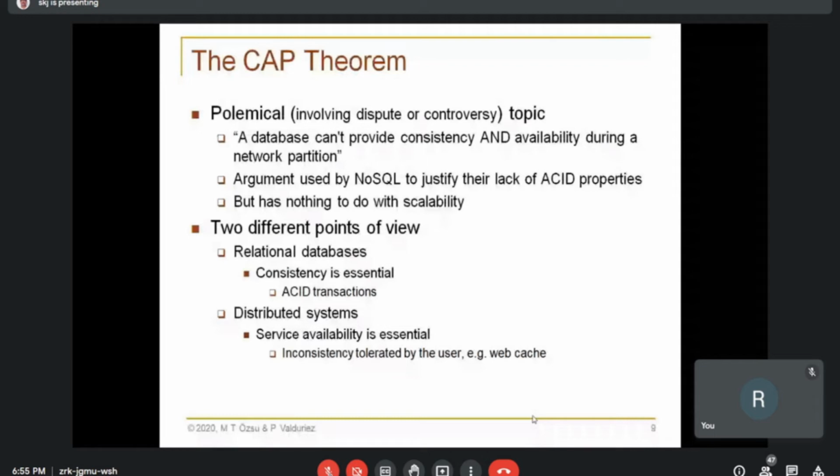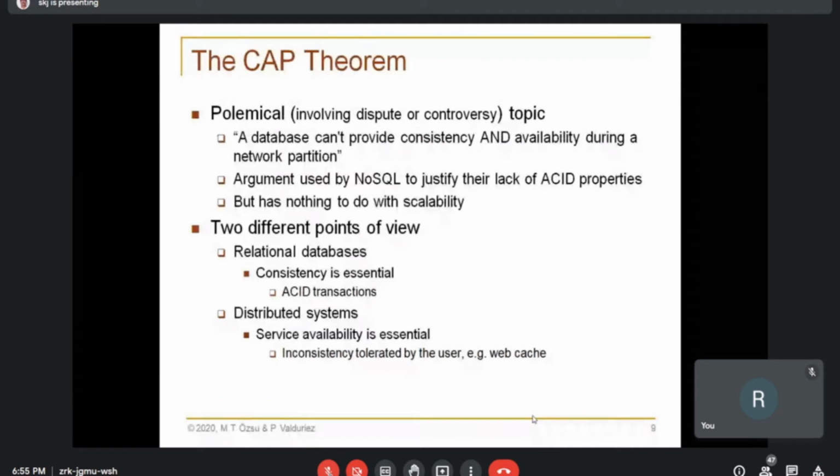It is saying that this is not possible. Consistency, even when the partition has been done or some failure has taken place. Second, availability. The data should be available on the whole network, even when the failure has taken place. So it is saying a database cannot provide consistency and availability during a network partition. Okay?